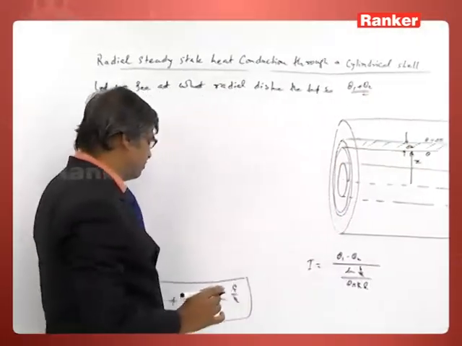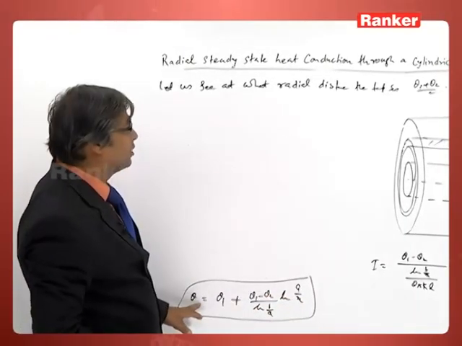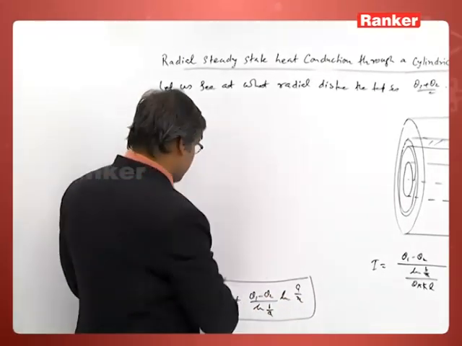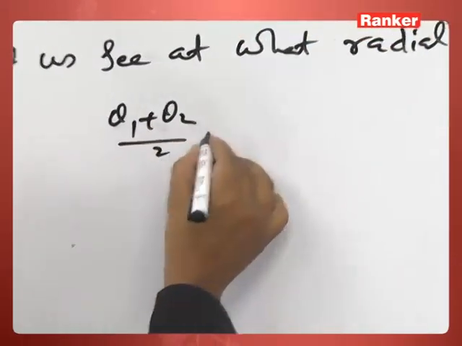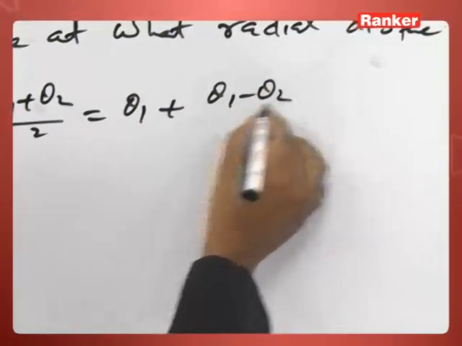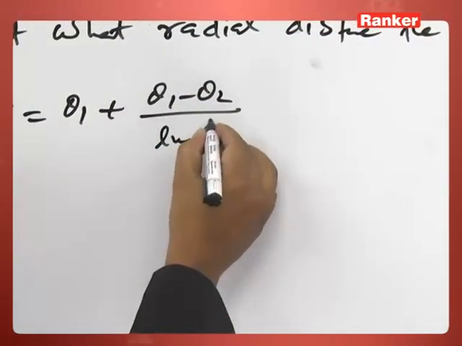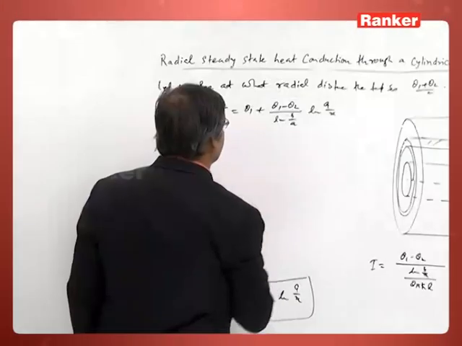So, what we do? We have to calculate the value of x for which theta is equal to theta 1 plus theta 2 by 2. So, thus substitute it, theta 1 plus theta 2 by 2, this is theta 1 plus theta 1 minus theta 2 by ln B by A into ln A by x.